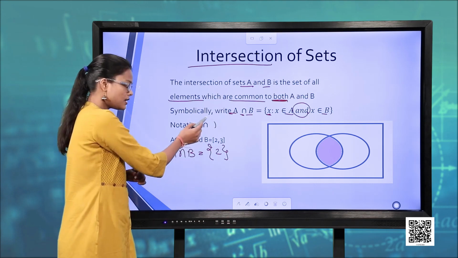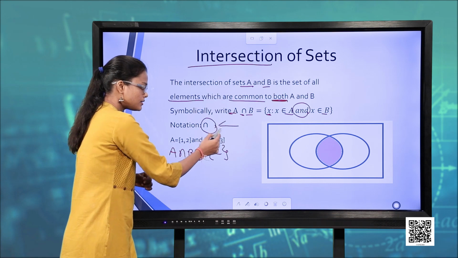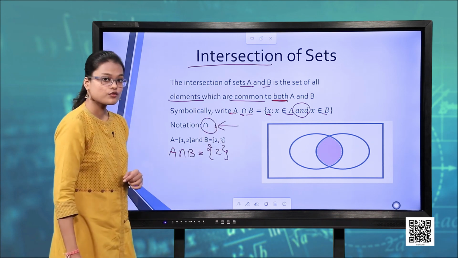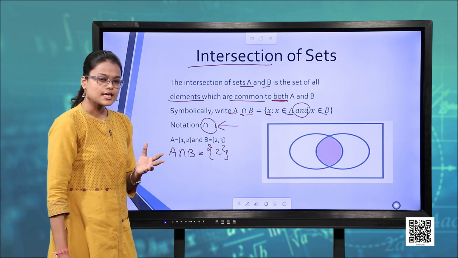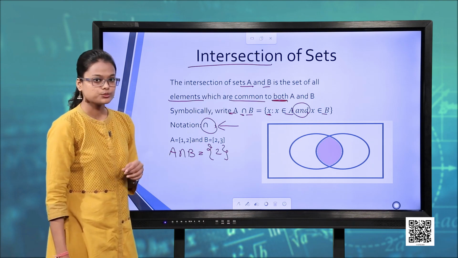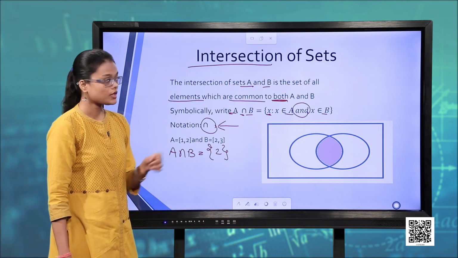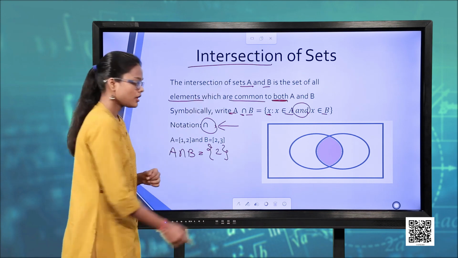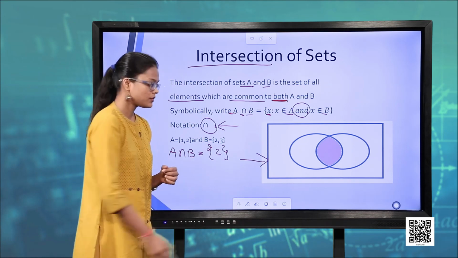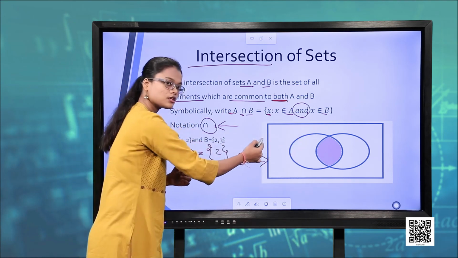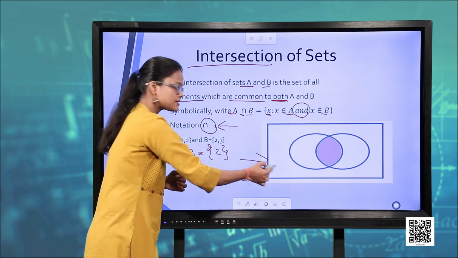Notice, this is the notation of intersection, which looks like an inverted U. Again, if we represent intersection in a Venn diagram, the rectangular part represents U, that is the universal set.